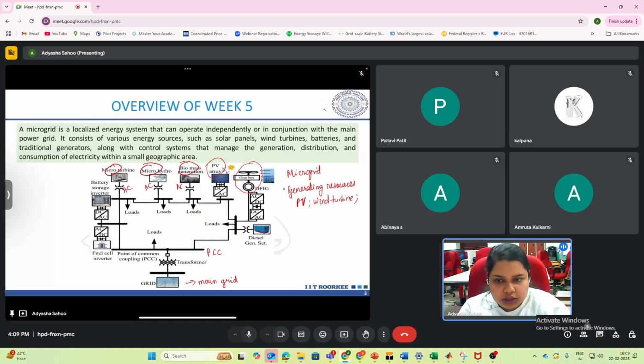It is also generating AC power, but to control its various features, it is connected via AC-DC followed by a DC-AC converter to the grid. These are all renewable energy resources, and we know that they are uncertain and intermittent. So to manage them, we have a diesel generator also, so that whenever these resources are not working, it will act as a backup.